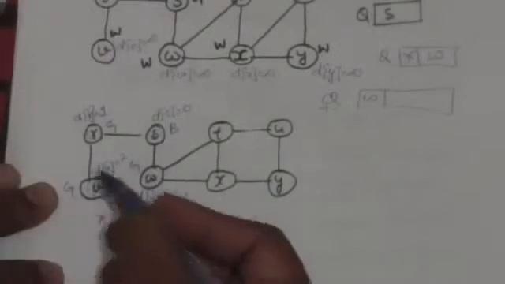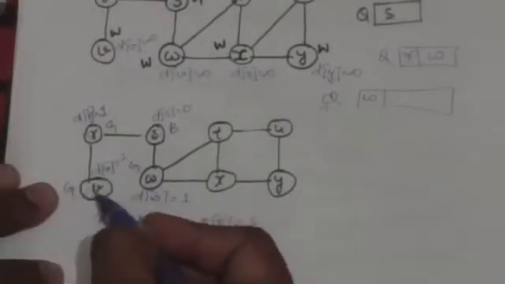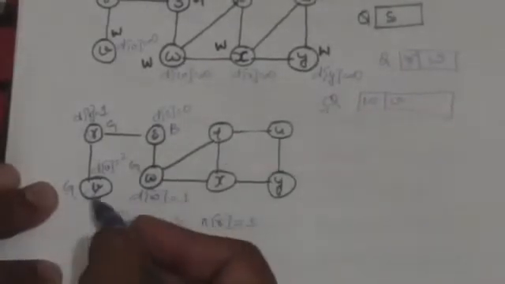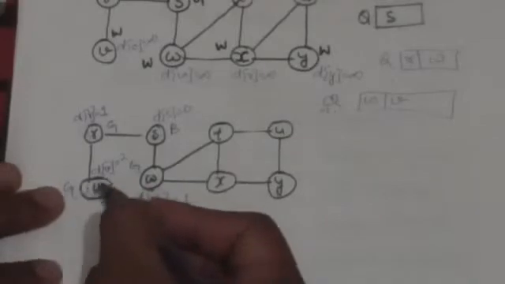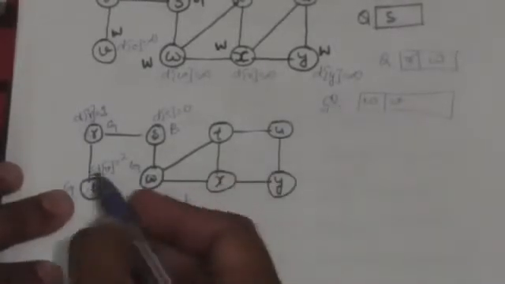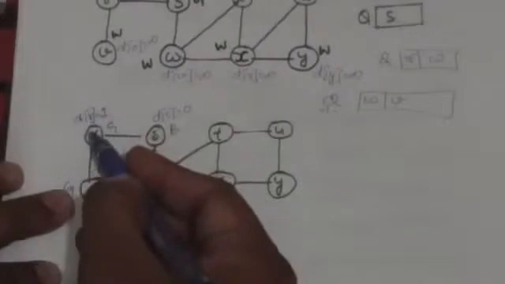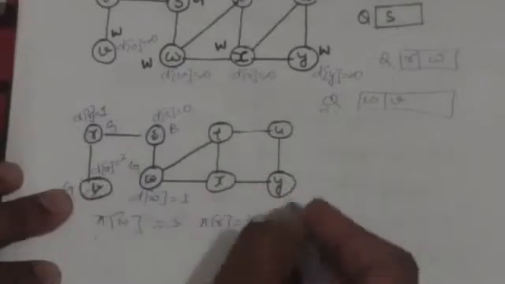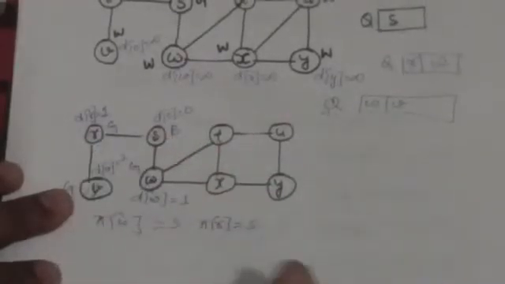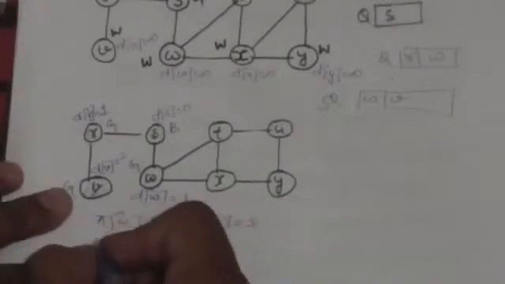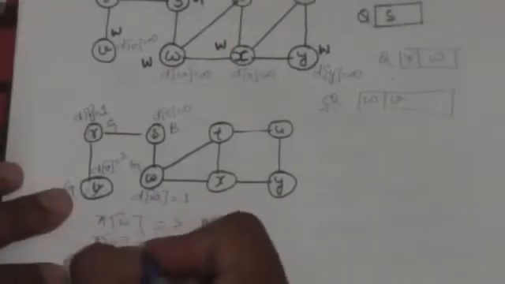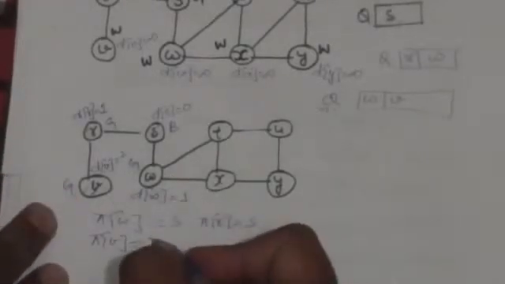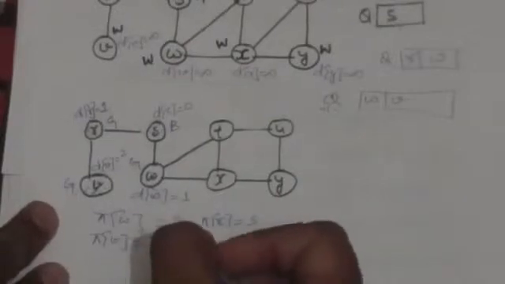Now after this, we will enqueue this vertex V in Q. And before enqueuing this vertex V in Q, we will set the vertex R as the predecessor of vertex V. So here vertex R is the predecessor of vertex V. So the value of variable pi V will be equal to R, because R is set as the predecessor of vertex V. And at last, what will we do?